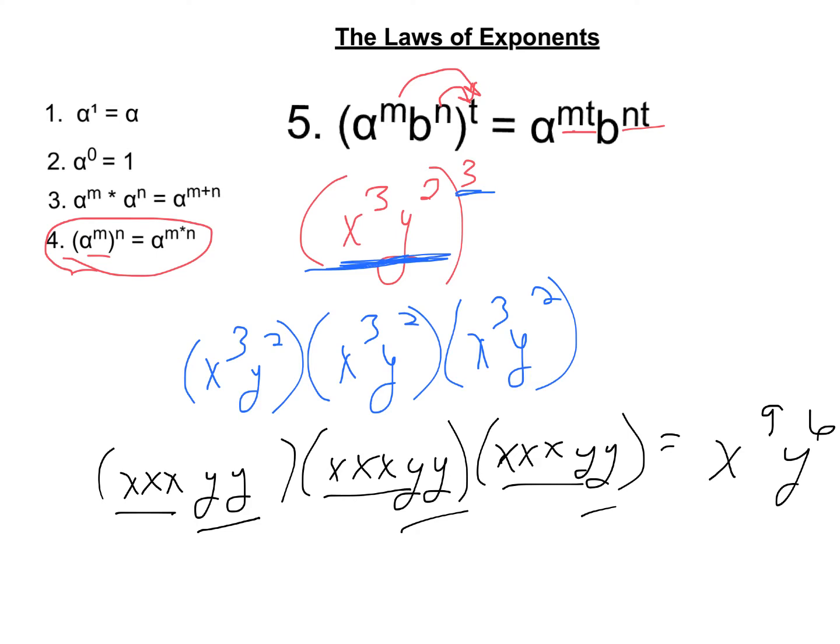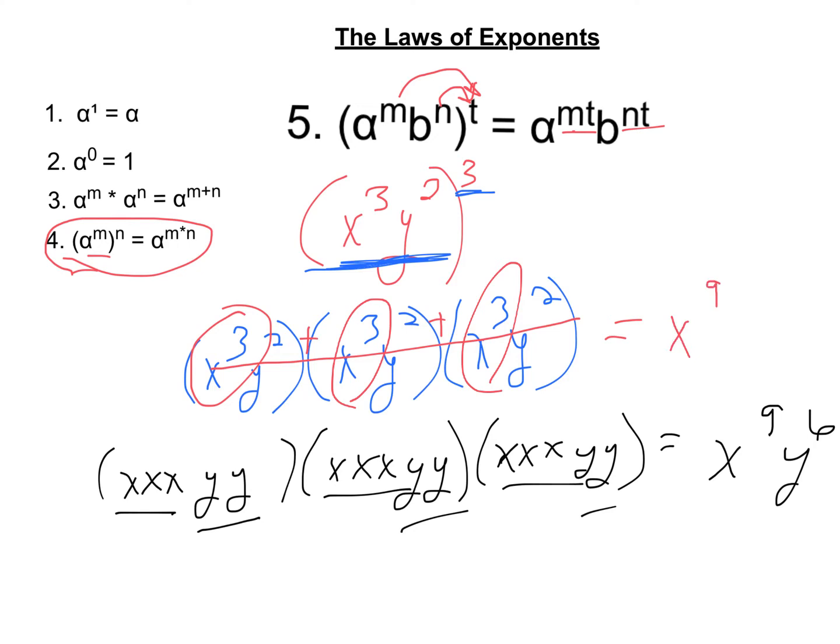Now again, if I use my adding rule, 3 x's here, another 3 x's here, another 3 x's. So 3 plus 3 is 6, plus 3 is 9, so x to the 9th.